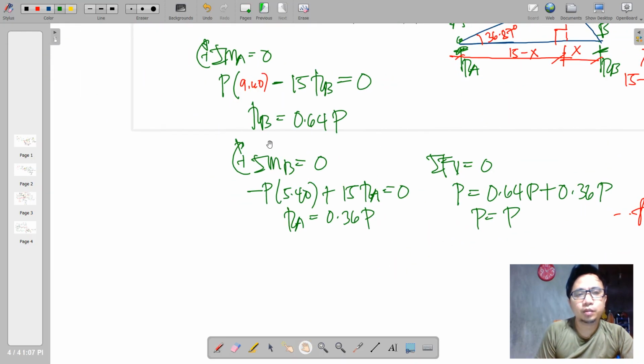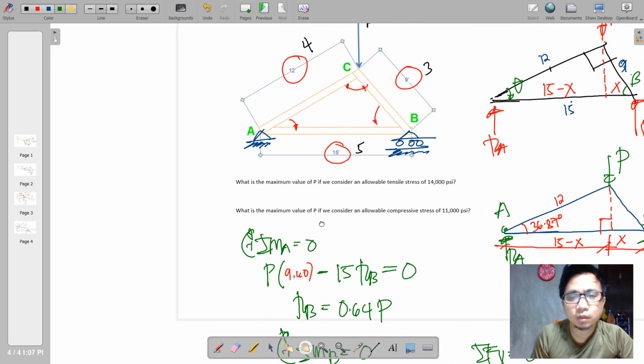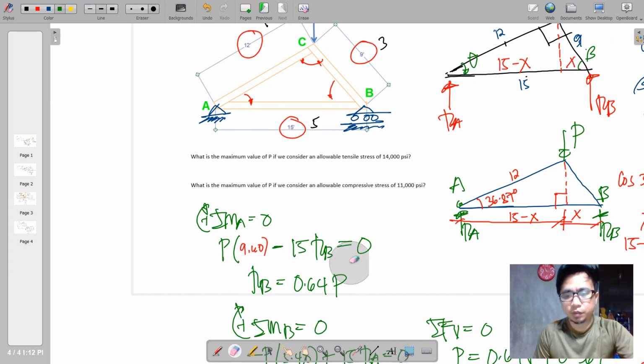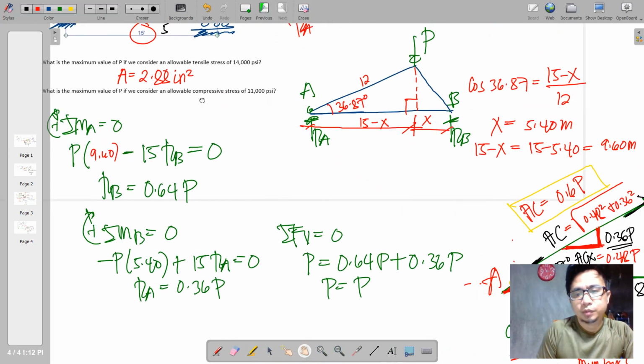And then we will be concerned with the cross-sectional area. In this case, we do not have an area, so it is supposedly given in the problem. Say in this problem, let us set our area to be equal to 2.88 square inches.